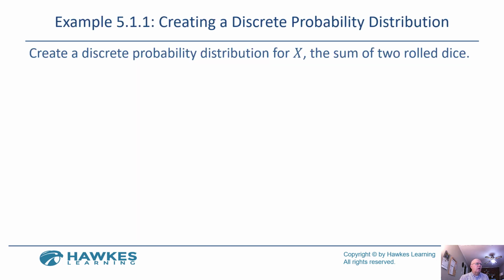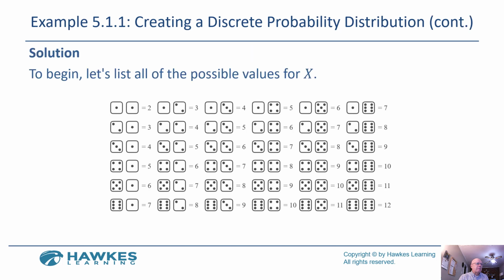Next, we're going to create a discrete probability distribution for x, and the x is the sum on the die. The small x is what comes up next time we throw them. So here are all the possible values for x, all the possible small x's.